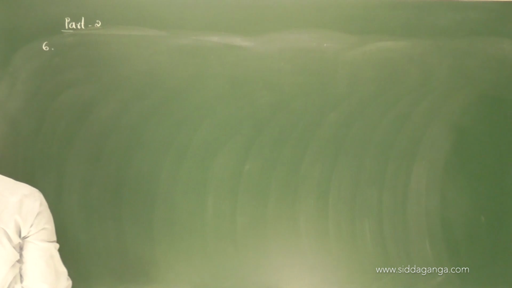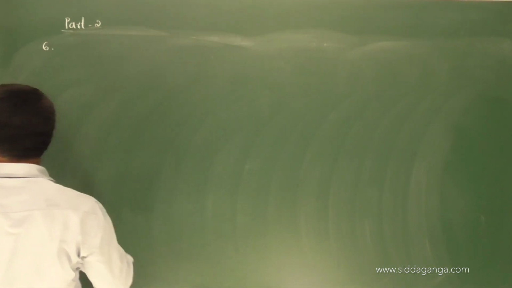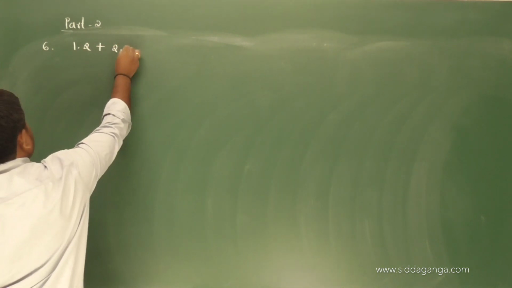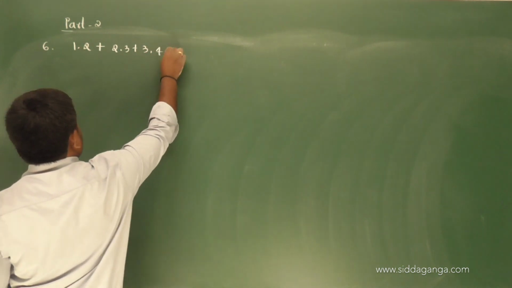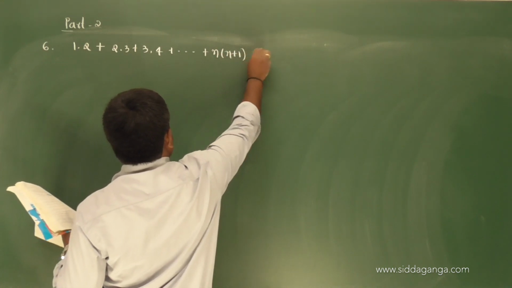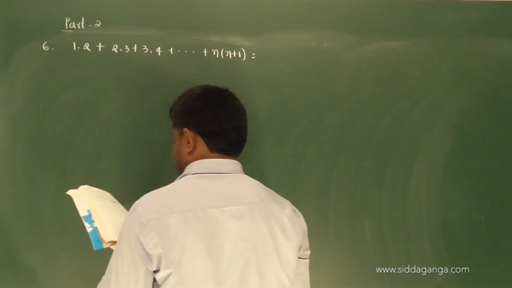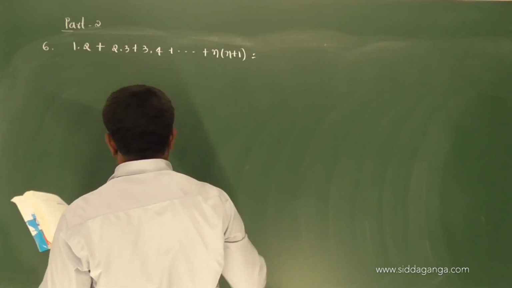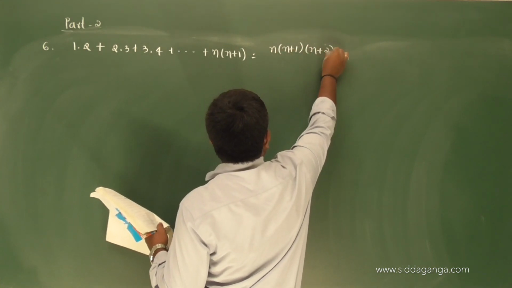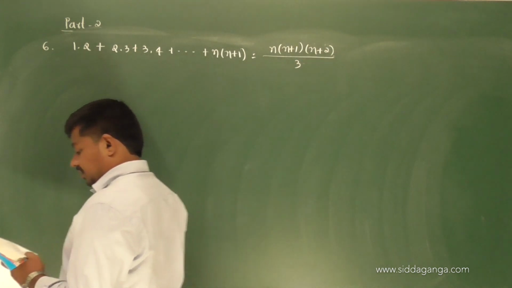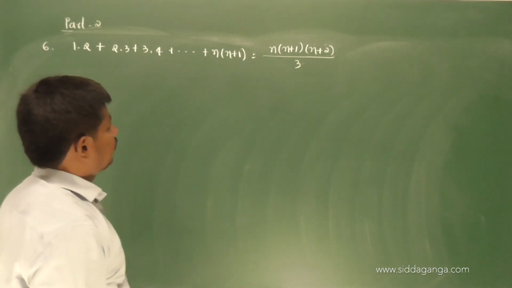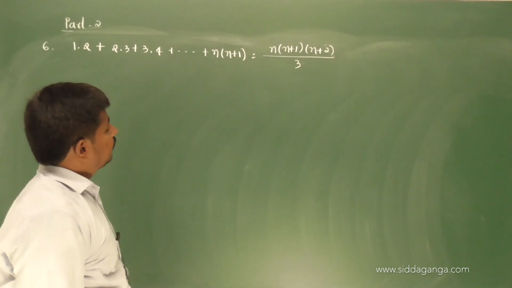Prove by the principle of mathematical induction that 1 into 2 plus 2 into 3 plus 3 into 4 and so on, where the nth term is n into n plus 1, is equal to n into n plus 1 into n plus 2 by 3. A simple one, and it appeared in the examination.